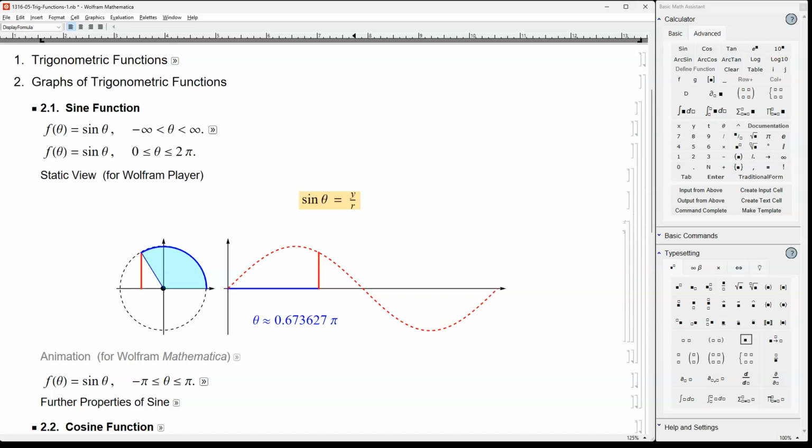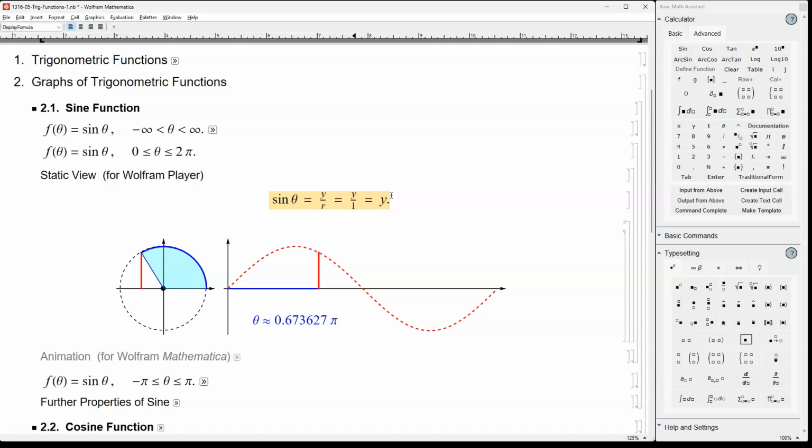Vertical over radius. But in this particular case, let's begin with the unit circle, a circle centered at the origin with radius 1. So instead of r, let me replace it by 1. So sine function is just y, the vertical.